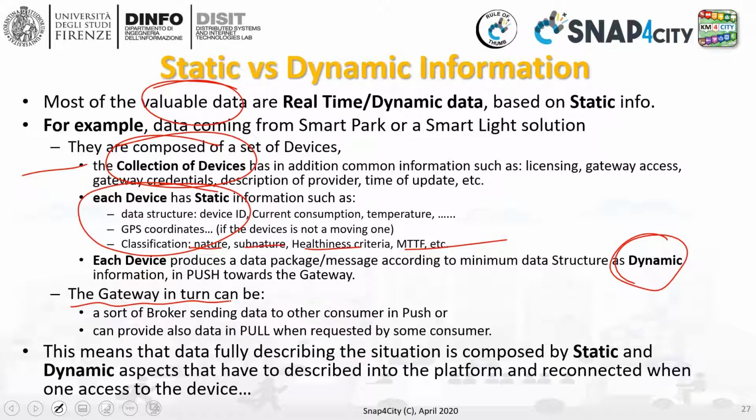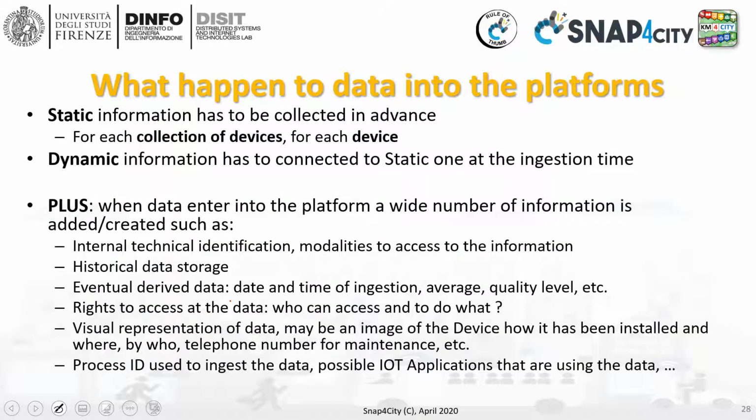So static information for each collection of devices and device has to be loaded in advance. Dynamic information has to be connected to the static information at the ingestion time. When the data enter the platform, a number of information has to be created. So you have to create the historical data storage.